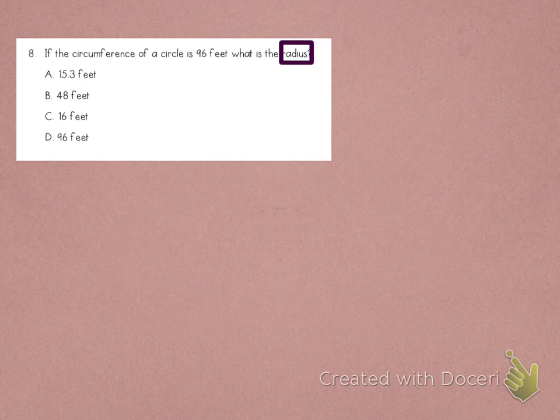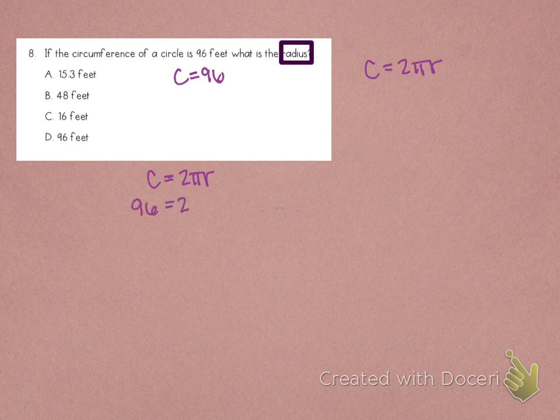So we're going to use the formula C equals 2 pi r. So it told us that the circumference is 96. So that means that's what we're plugging into the formula. So if we have C equals 2 pi r, then instead of C equals on the plug-in step, we would write 96 equals 2.